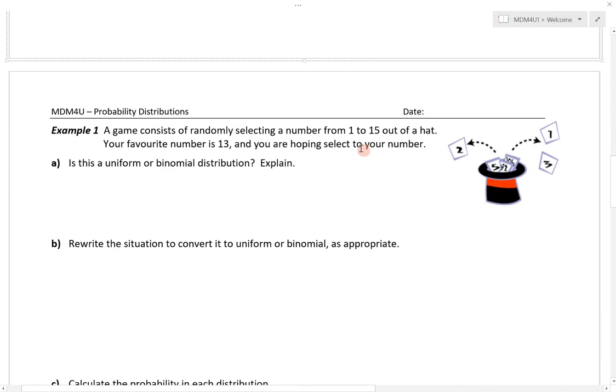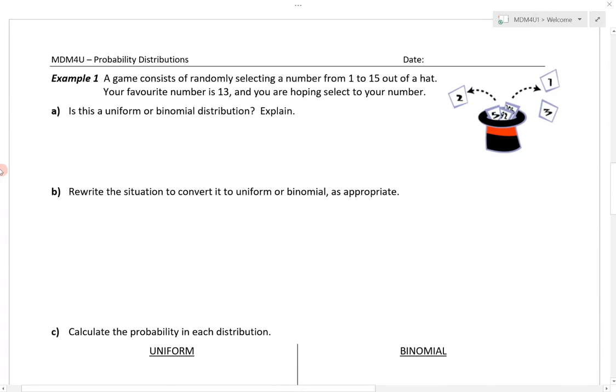All right, let's look at an example and see which one we need to apply. Example 1: a game consists of randomly selecting a number from 1 to 15 out of a hat. Your favorite number is 13, and you are hoping to select your number. Is this a uniform or binomial distribution? Explain. We're going to say this is a uniform distribution, because you're drawing a number from 1 to 15 out of a hat, and all of them have an equal chance of being drawn.